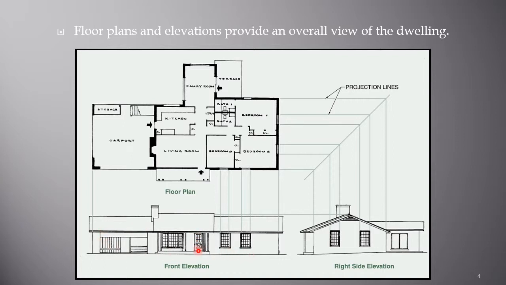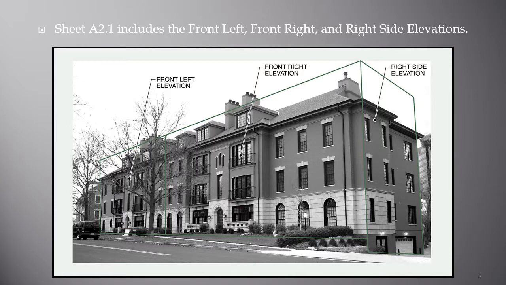We also see doors and windows, something that for the most part cannot be seen, or at least not seen in great detail, in the plan view. The elevation is going to show what the building will look like from the side.